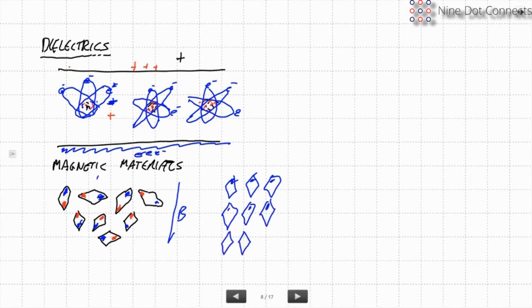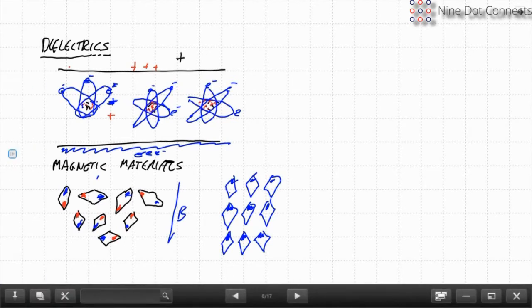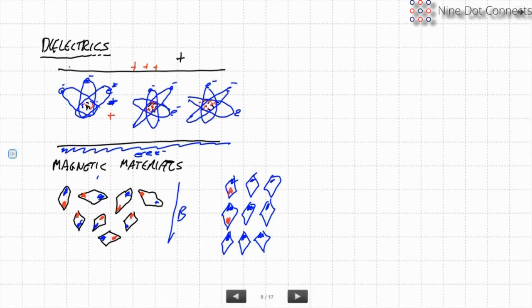Now remember, there's little domains, they're kind of affecting each other too, so they don't all align at once. It takes a little bit of force to do that. You have to have enough current flowing to create enough of a magnetic field to actually get them to align. But if you do that, they will align. At some point in time, they'll get so aligned that they can't align much more. And at that point in time, the material saturates.